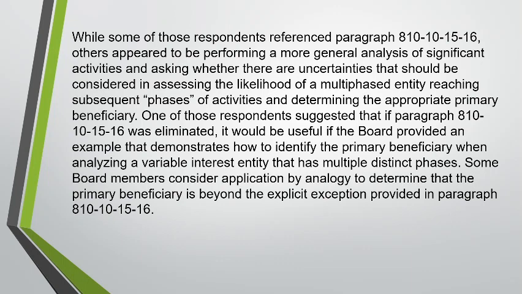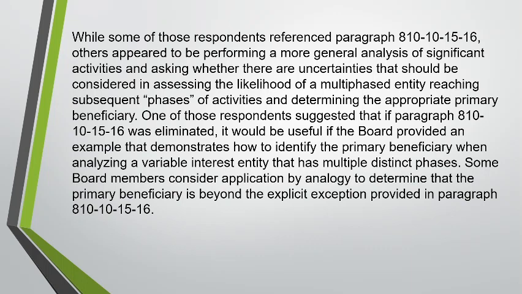One of those respondents suggested that if this paragraph was eliminated, it would be useful if the board provided an example that demonstrates how to identify the primary beneficiary when analyzing a variable interest entity that has multiple distinct phases.